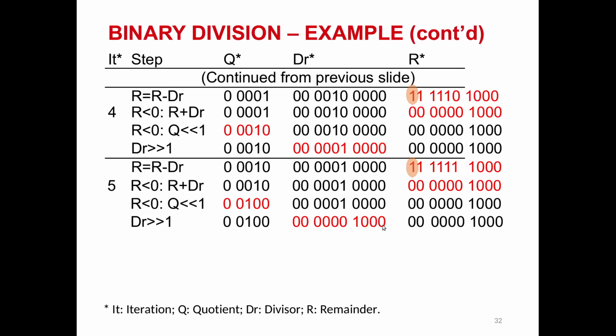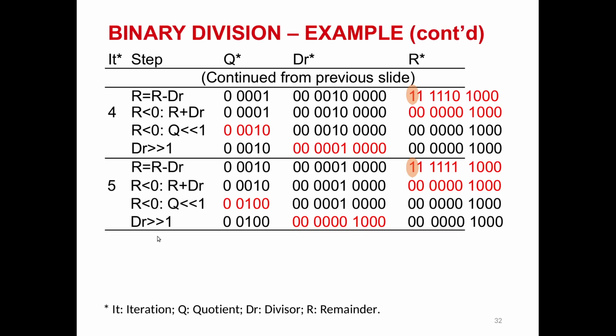0 0 0. Now the sixth step, or the final iteration, because we have 5 bits for DR, so we have 6 steps or 6 iterations in total.